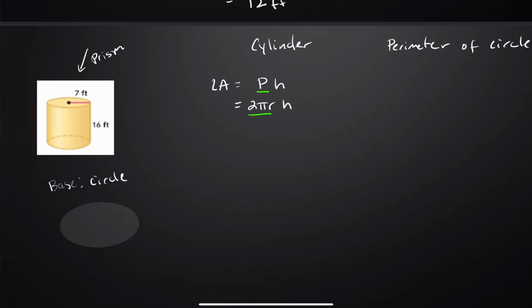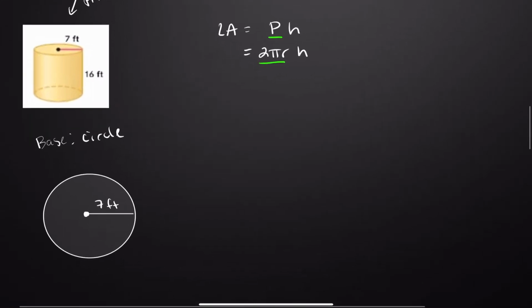This is not a circle, by the way. That's an oval. There you go. So we know it has a radius of 7 feet. And if I want to find the perimeter, it's 2 times pi 7, right? 2 pi r.